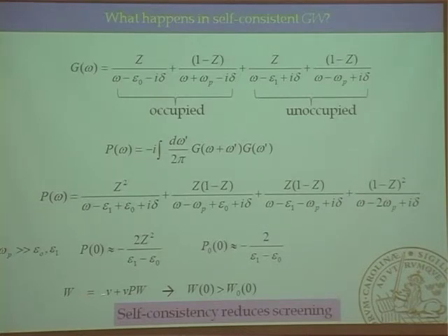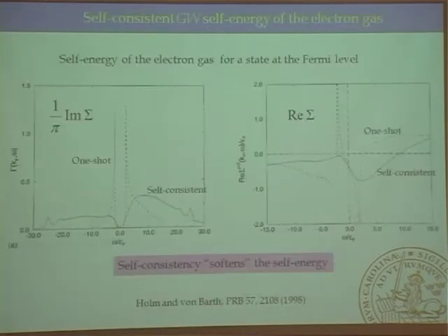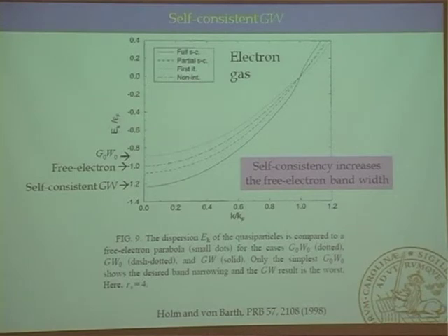One can then understand that if we use a renormalized Green's function, the screened interaction tends to be bigger than the one that you get if you use a non-interacting Green's function. So the conclusion is that self-consistency tends to reduce the screening because of the presence of this Z factor. This is consistent with what we had before. So we look at this result here.